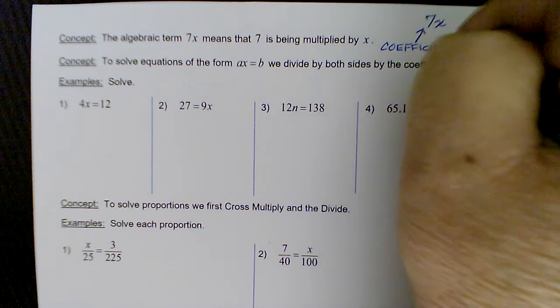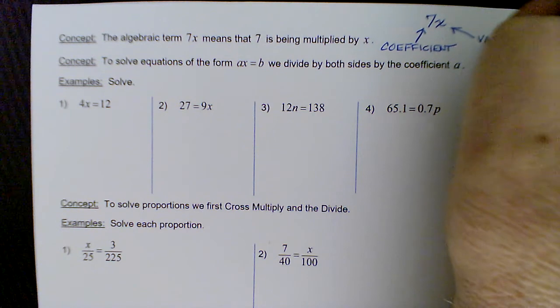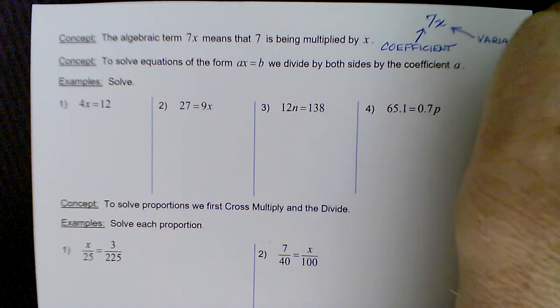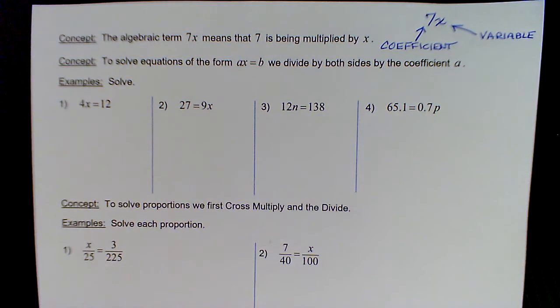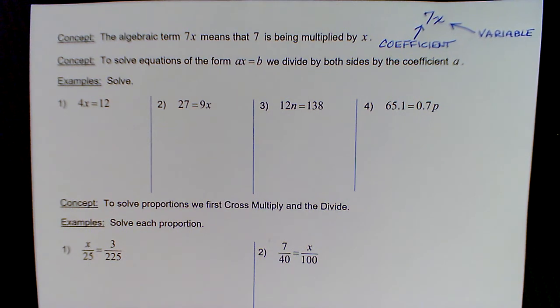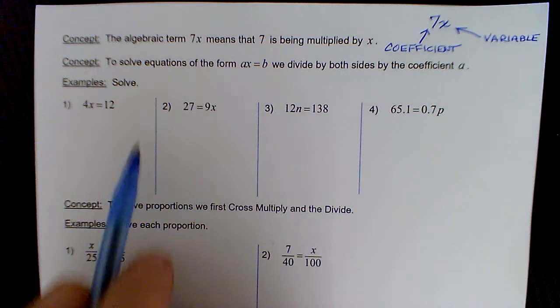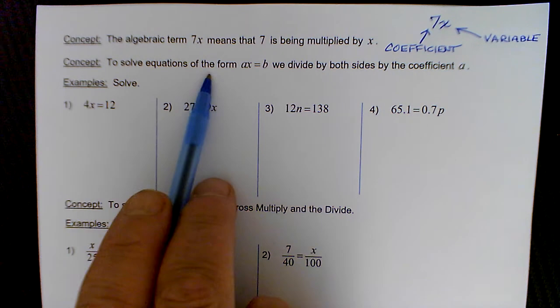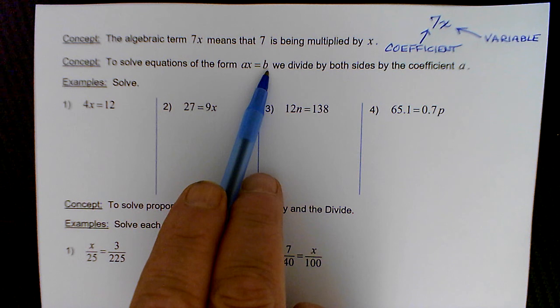That's the number in front of the x, which is the variable. Now a variable could be x, y, z, m, n, p, any letter you want. It just means that it varies. And our job often is to determine, well, what is it? What's its value? And I wrote in this concept to solve equations of the form ax equaling b, assuming a and b are real numbers.